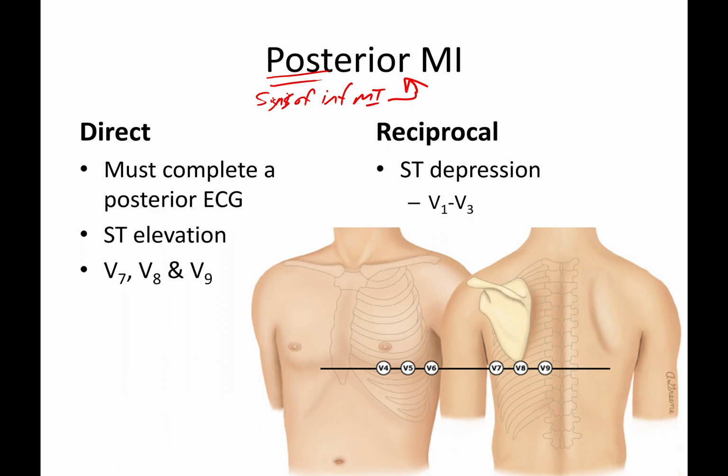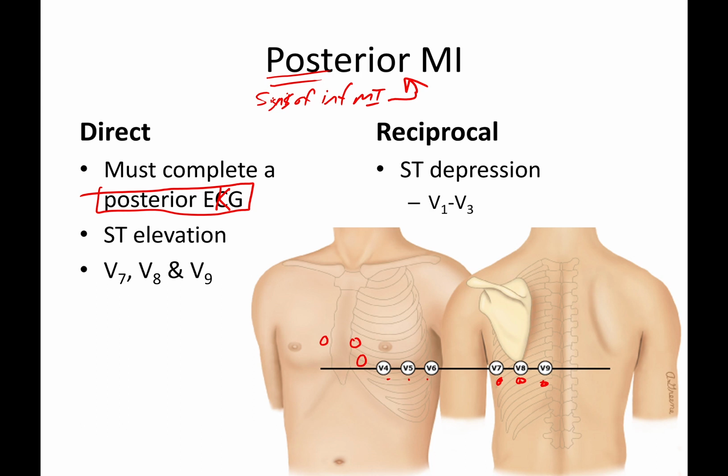And what that includes is something called a posterior EKG, where you have your standard layout. So here's 1, 2, 3, and then you have 4, 5, and 6, right where they would normally be, but you get 7, 8, and 9 on that back side of the heart.